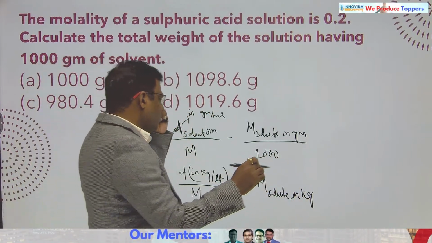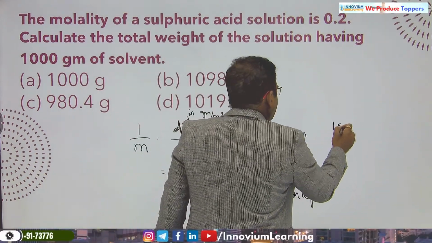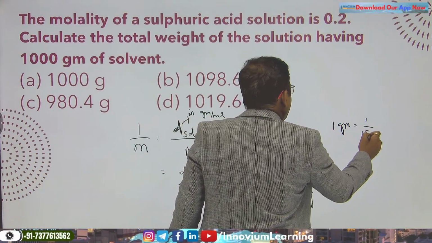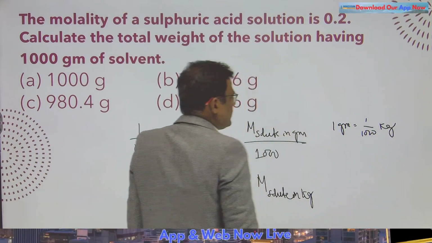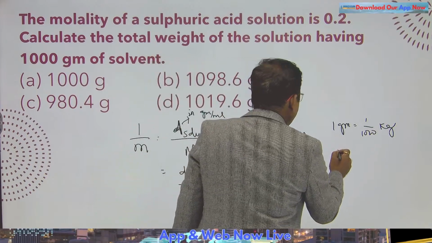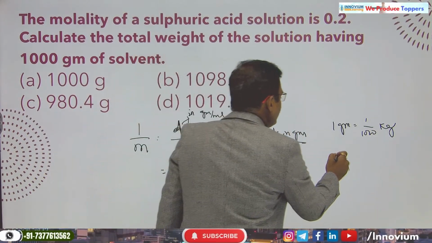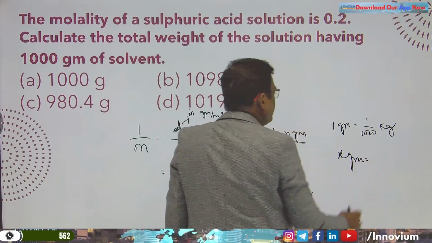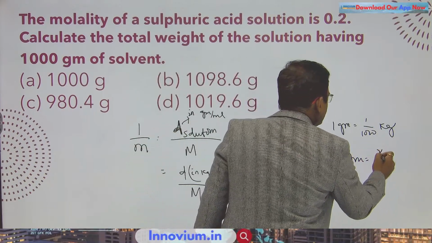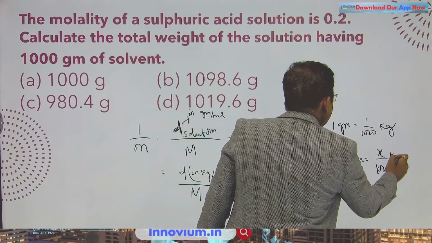The reason is, you know that 1 gram is equal to 1 by 1000 kg, right? Now if the molar mass is x gram, then how much is it in kg? That is x by 1000 kg.